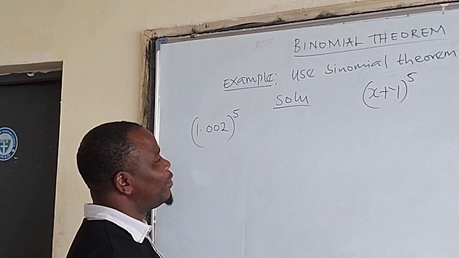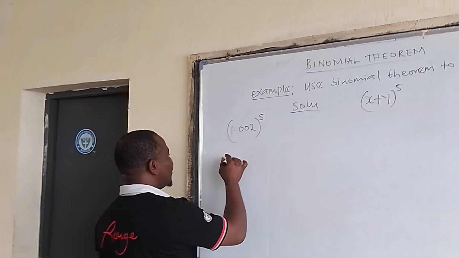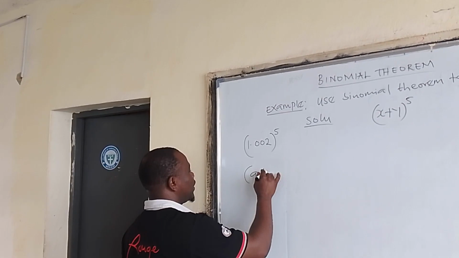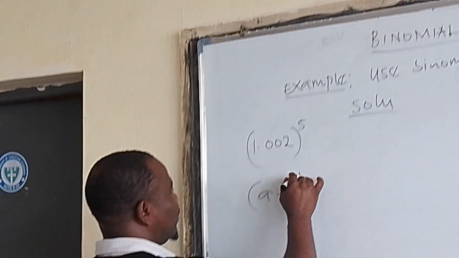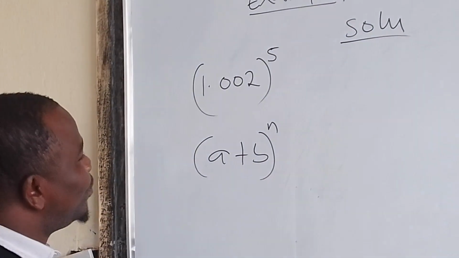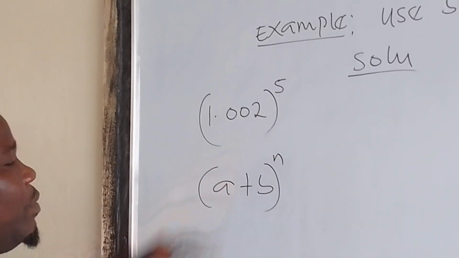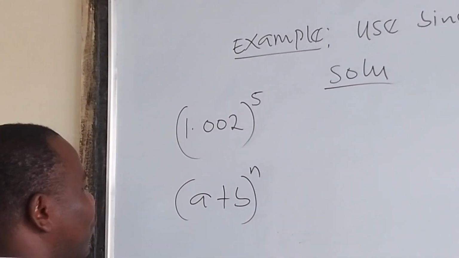So, in the binomial theorem, the formula is of this form: a plus b raised to the power of n. Is that clear? But I'm going to prove you wrong that we can expand this using the same formula.